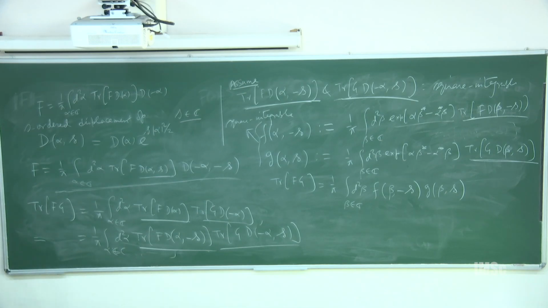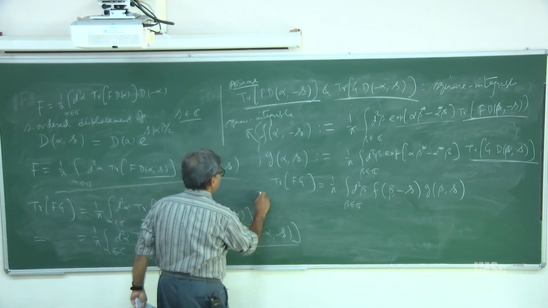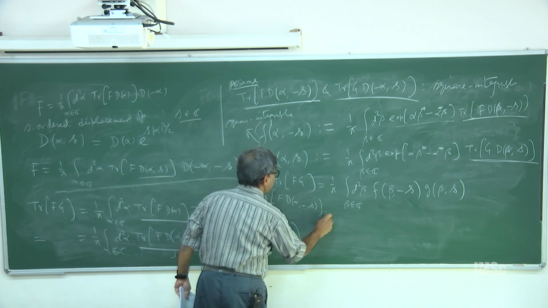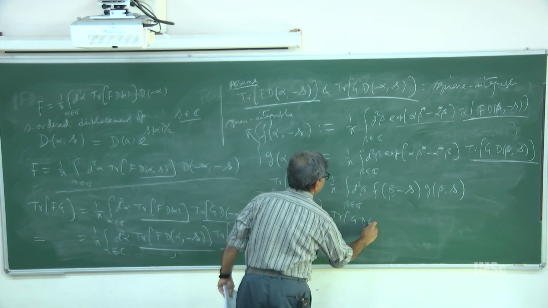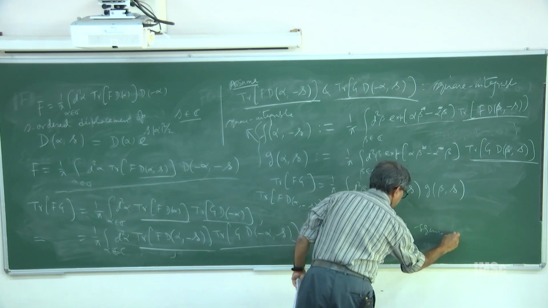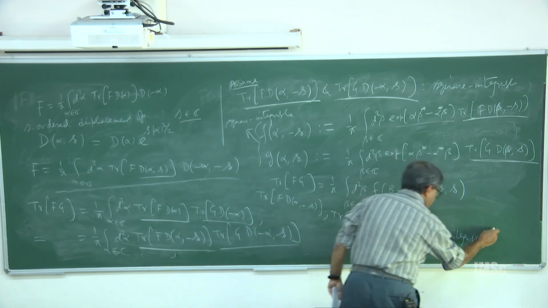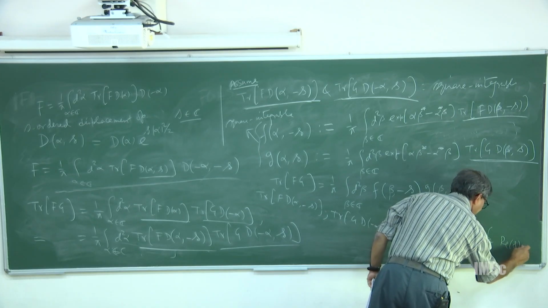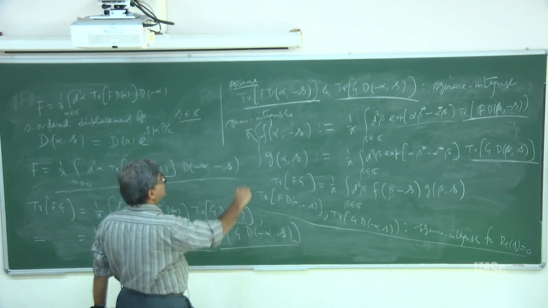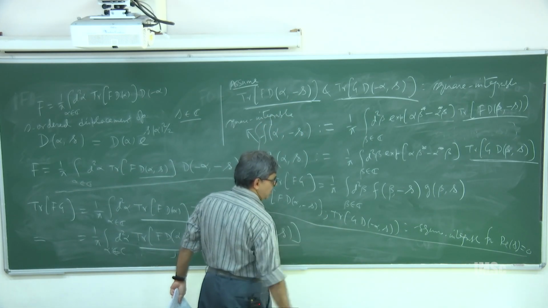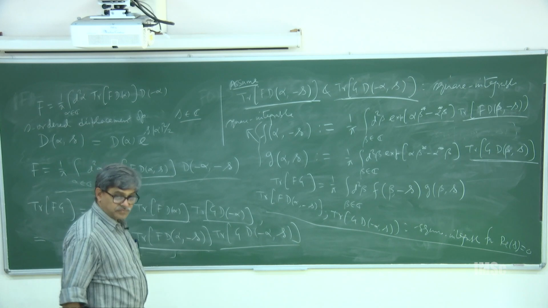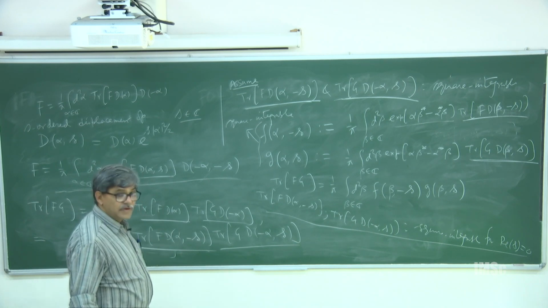So, these two, trace of f d of alpha minus s and trace of g d of minus alpha s, are square integrable for real part of s equal to 0. But now you will have to consider both of them. I mean, not just real part of s equal to 0. What if real part of s is not 0?